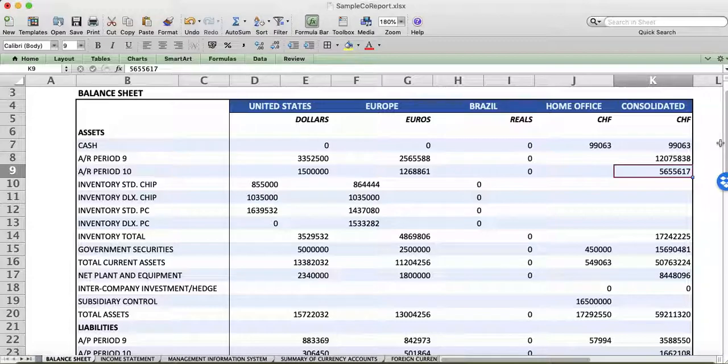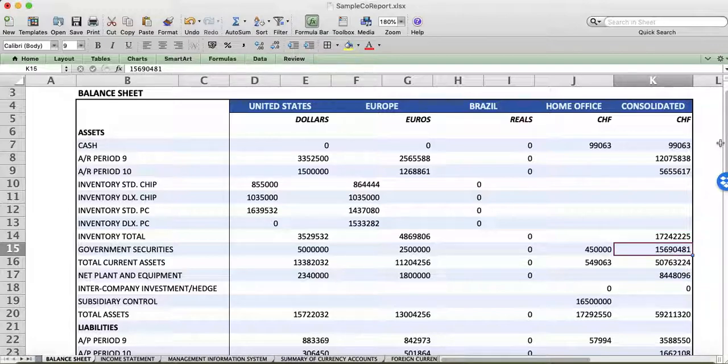Then, of course, because there is account receivable in period 10, there is also a consolidation figure for these amounts. Then the consolidation of the inventory is only for the total, because of course we don't need the details in the different products at this point.